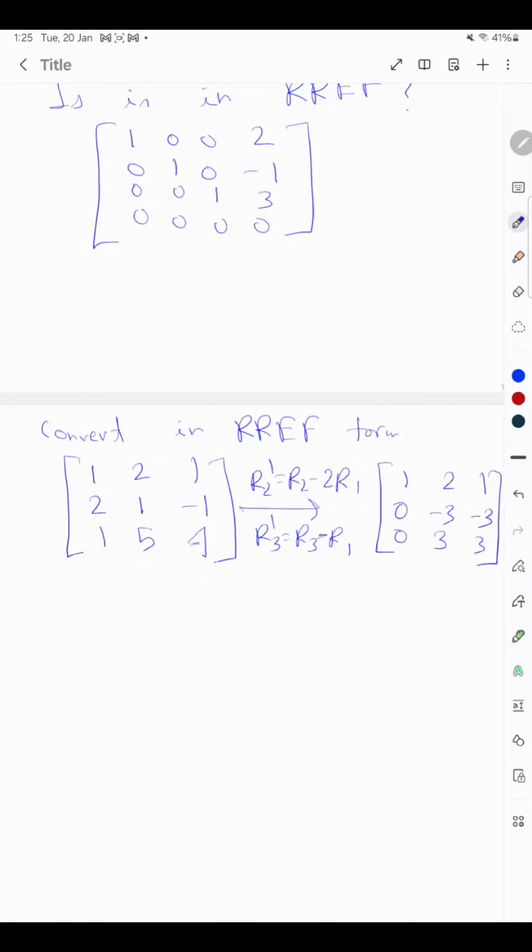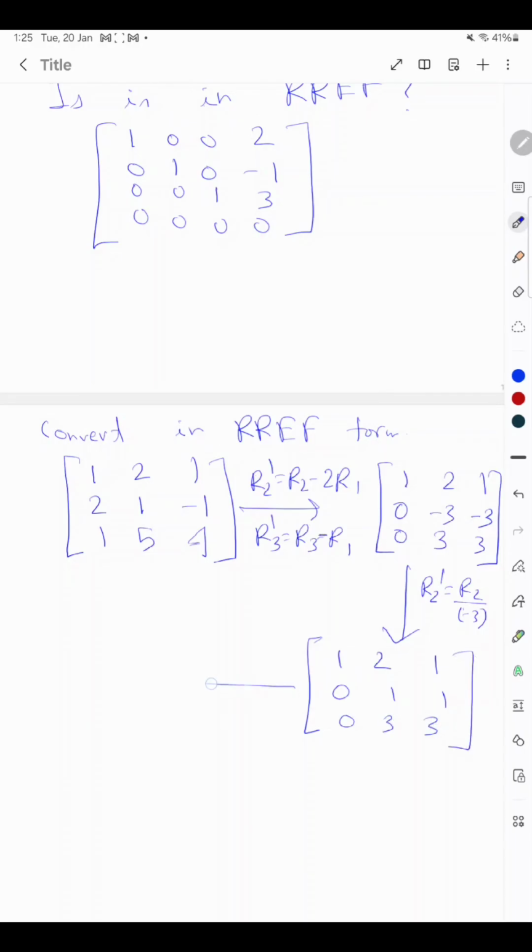Okay, this you have. Next, our target should be that this should be 1. So R2 dash should be R2 by minus 3. So what you have: 1 2 1, 0 1 1, 0 3 3.